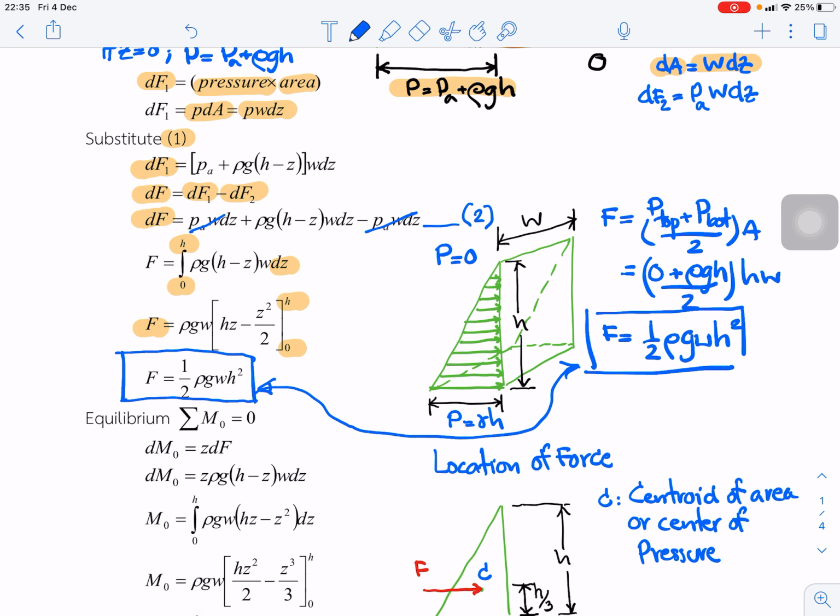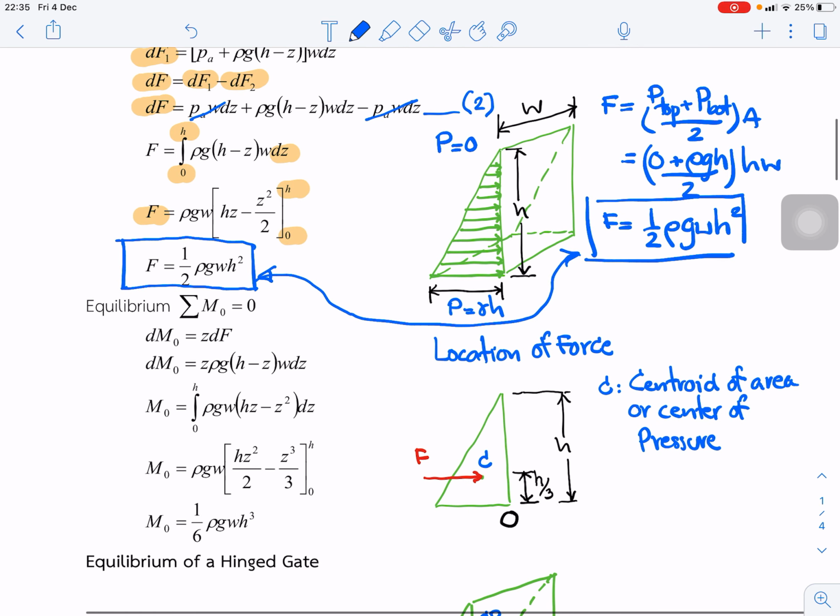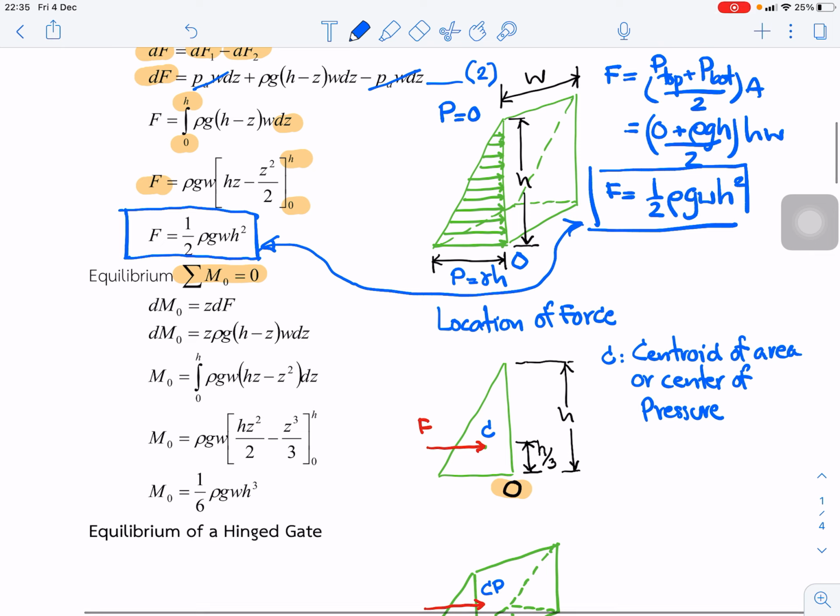Next, if we want to find the location of the force, we take the summation of moments around point O, which is 0. This is point O. The moment around point O is equal to z times dF.